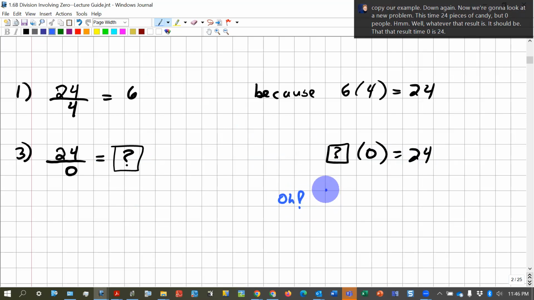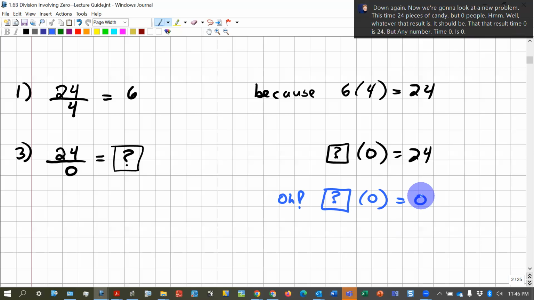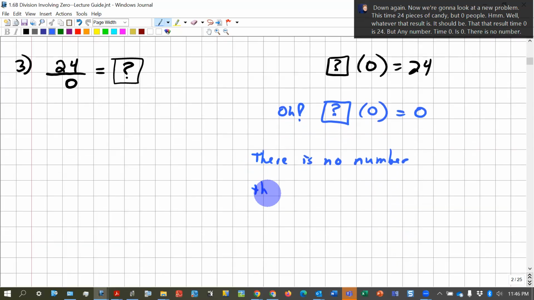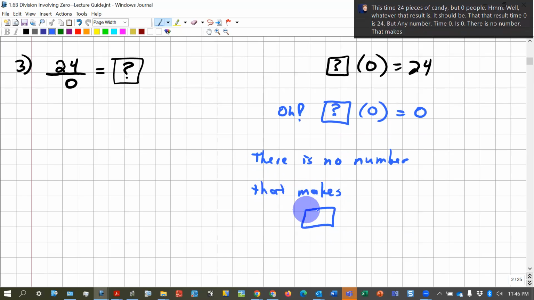But any number times 0 is 0. There is no number that makes question mark times 0 equal to 24 true.